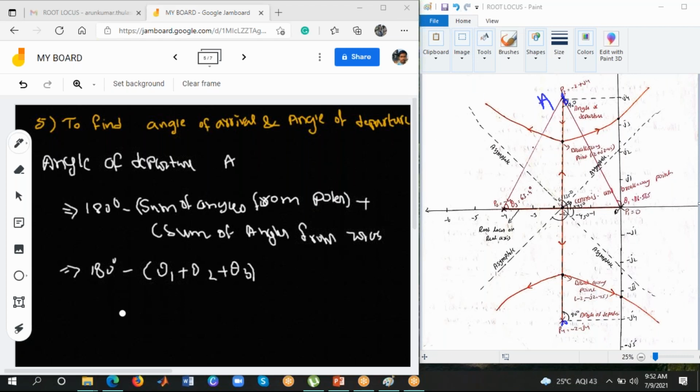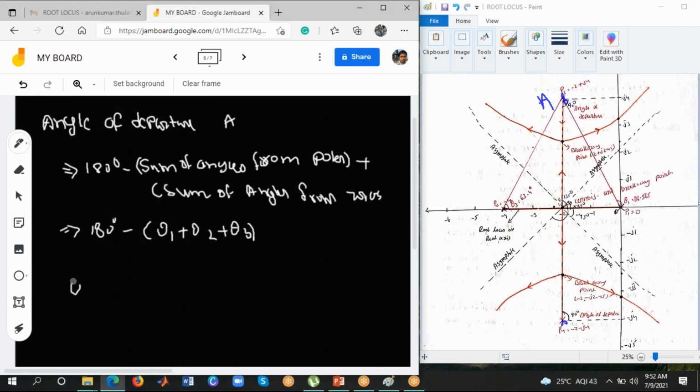ఓకేనా. నౌ ఫర్ theta 1, theta 1 ఫార్ములా ఈస్ 180 degrees minus tan inverse of a by b. What is the value of a here? ఏ వాల్యూ ఎంత వస్తుంది ఇక్కడ?